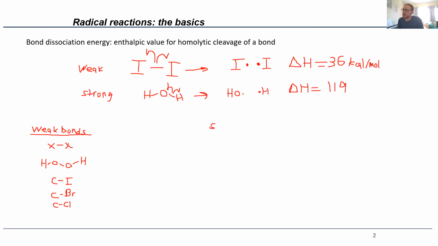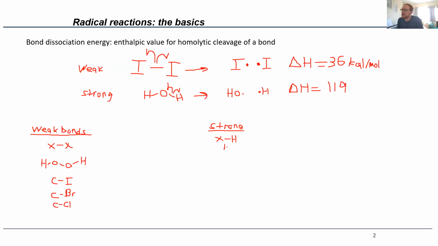And so there's also what we'll think about as strong bonds. And strong bonds are those like X-H bonds. So HBr, HCl, HI are all quite strong bonds, which is important because the X-X partner is quite weak.